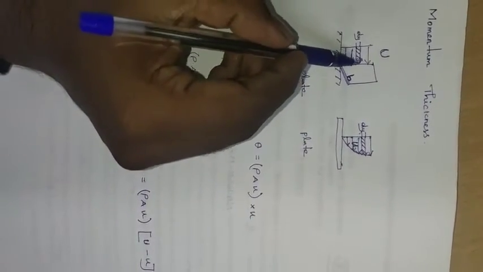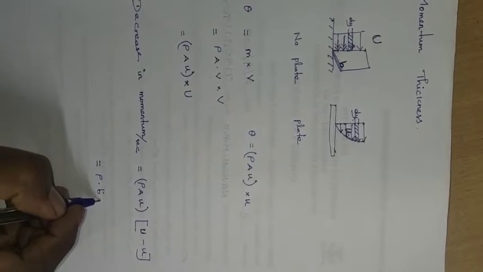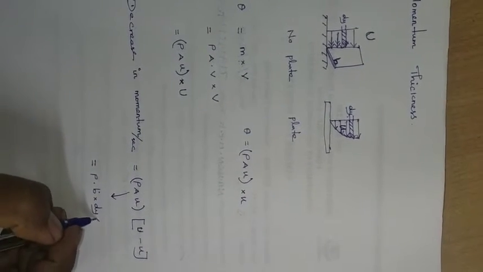So now we have calculated only for this dy. So here I have to add one more thing. Instead of area, rho into b into dy. So b into dy is nothing but your area, right, into u.